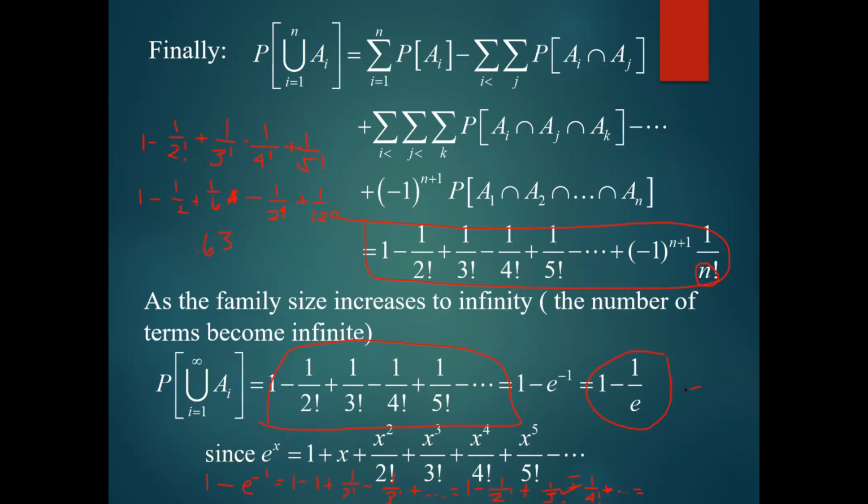Okay. Now, if you increase the limit, you know the number e to the negative 1 is equivalent to 0.37. So if you do 1 minus that, you get 0.63. So if you increase n until infinity, there is always a 63% chance that at least one will get their own name.